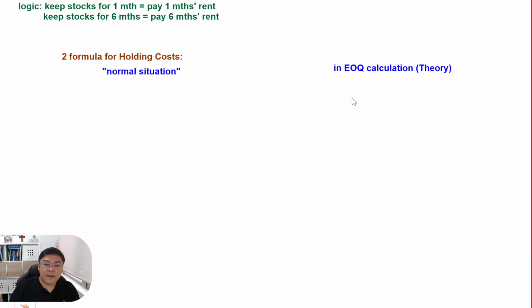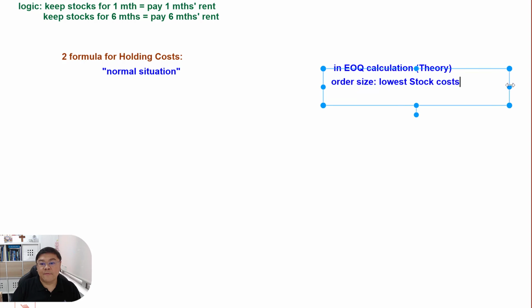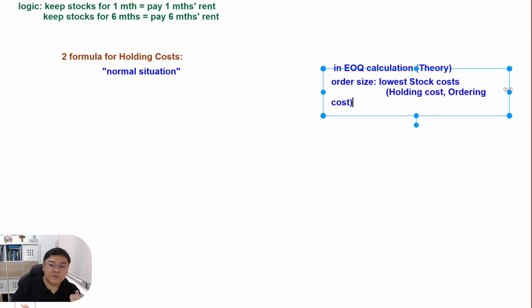If you remember when we talk about EOQ, the theory of EOQ is to give us an order size that will give us the lowest stock cost. And from the context of EOQ, stock cost refers to your holding costs as well as your ordering costs. So these are the two types of stock costs that we have.